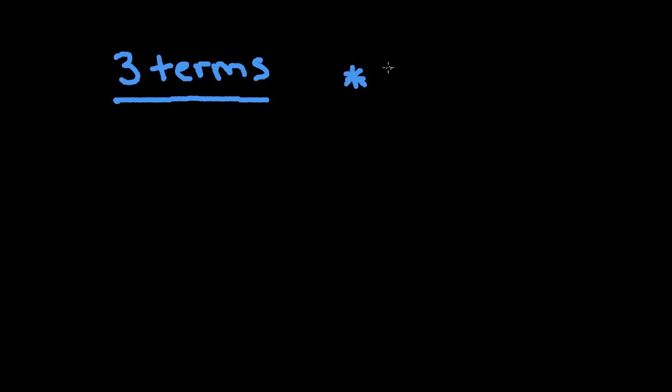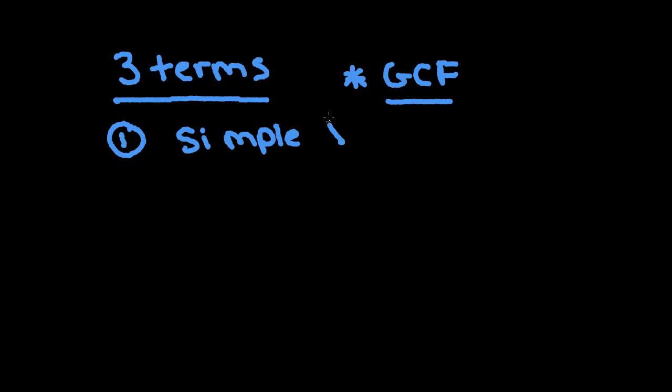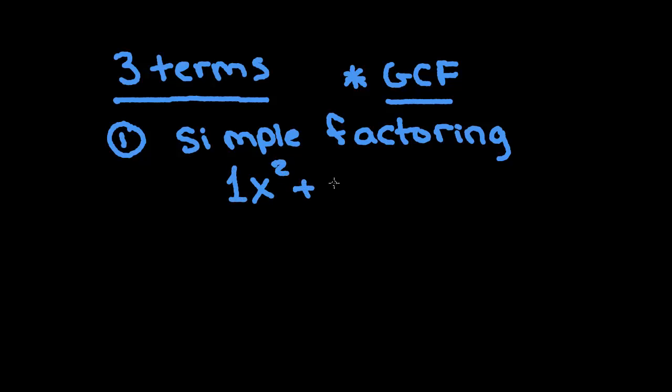So what happens when we see three terms? When we see three terms, remember, we're still going to look for that GCF. It may be there to factor out first. We may run into simple factoring. And by simple factoring, I just mean the factoring that you did back in Algebra 1 when the coefficient of your lead term was 1. 1x squared plus 5x plus 6.